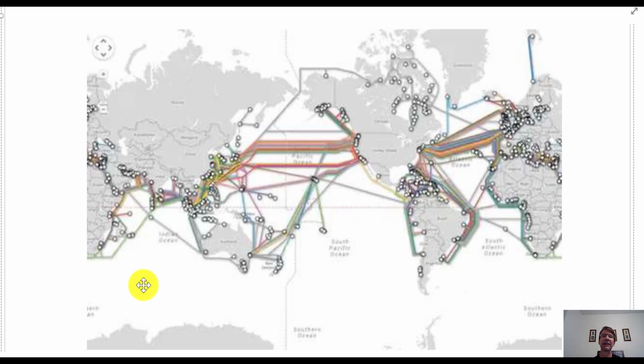Once again, very little satellite communication with any of this. It's all through these cables that are connected to cell towers and switching stations that are attached to the cell towers and so forth. So it's quite amazing that this technology works. Physics works here very nicely to help us with our communications.